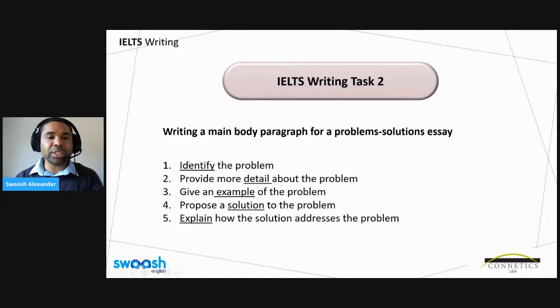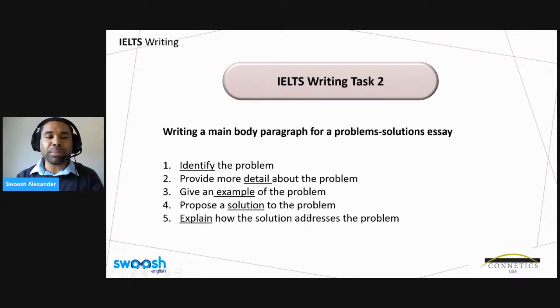So we can see that the first step is that we should identify the problem. What is the problem that we're focusing on? The second step is to provide more detail about the problem. So we've identified what the problem is. Now we're saying this is what the consequences of that problem are. We give an example of it. Okay, so an example of how it impacts people or the types of people who are impacted by it. Then we propose a solution.